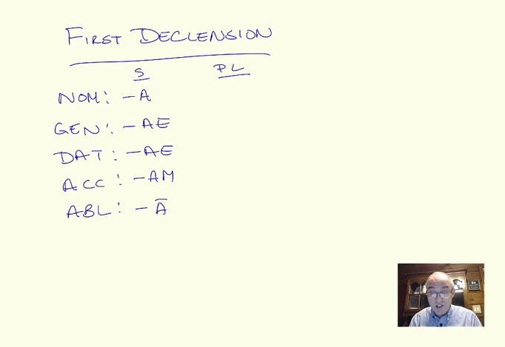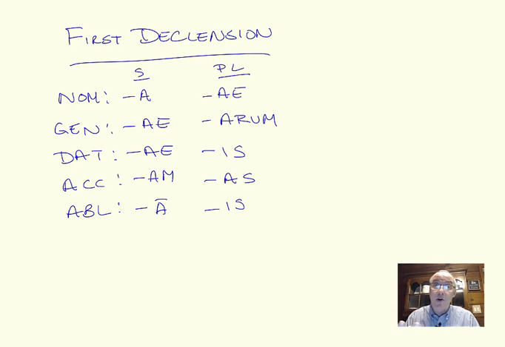Because look, that distinguishes it from the nominative up above. So, let's go to the plural. Ae, arum, is, as, is. These are the endings that you will need to memorize. Just flat out memorize.